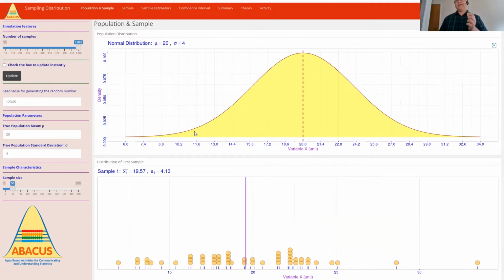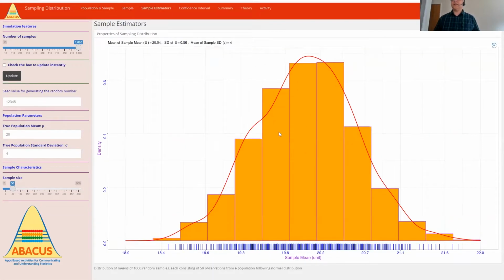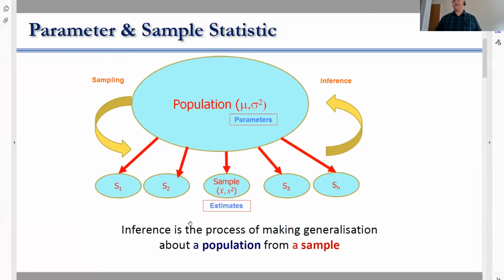If we can capture that, then at least we can say this could be the population mean, with that uncertainty. This uncertainty, the standard deviation or variability of the sample mean, as we have seen in that normal distribution scenario, is called the standard error.